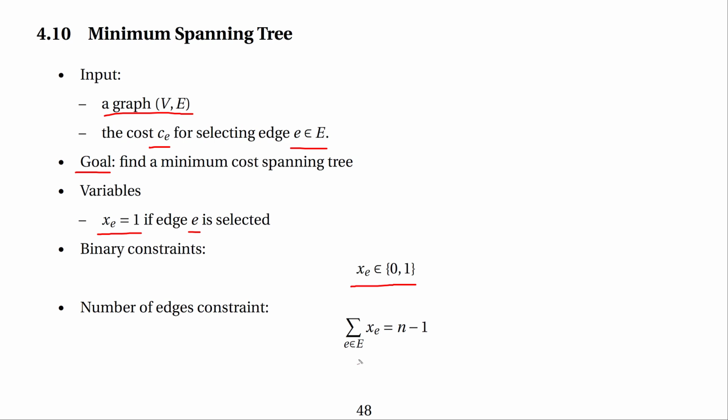Well, first we need to make sure that we have exactly n-1 edges that are selected. So we say that the sum over all variables has to be n-1. Again, how many variables do we have? We have as many variables as there are edges in the original graph.